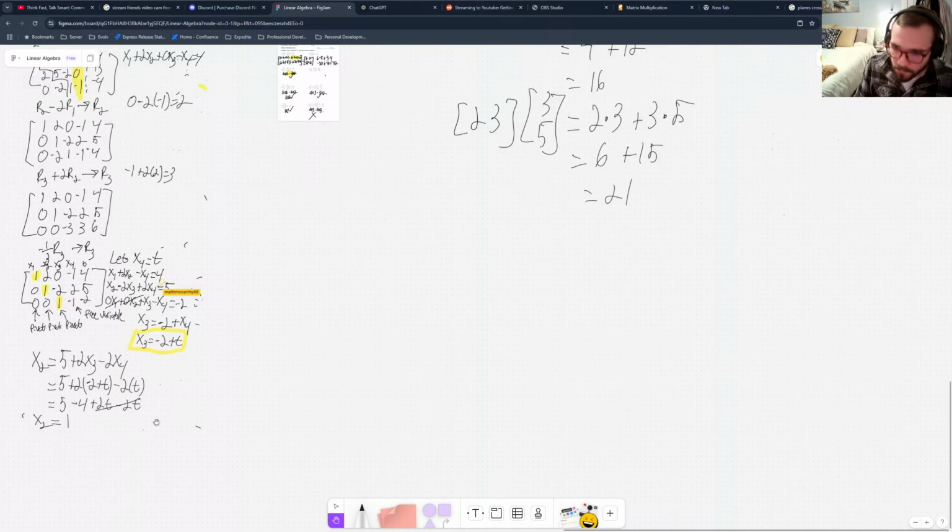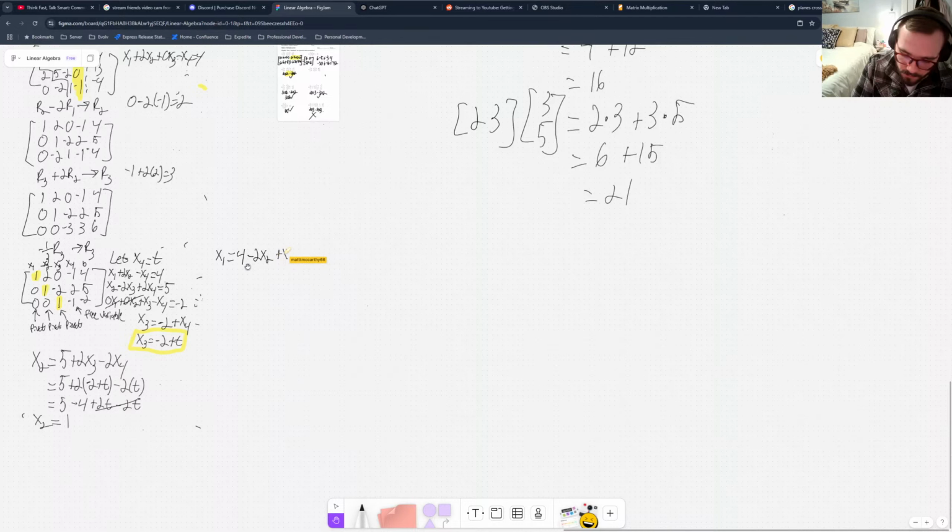Okay, so last one. We have x1 equals 4 minus 2x2 plus x4.